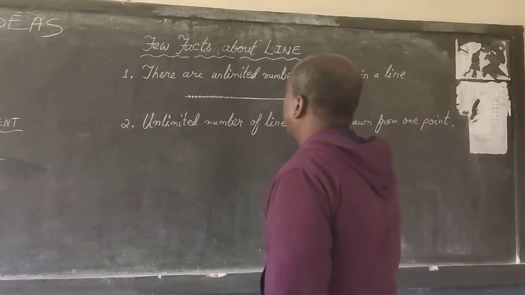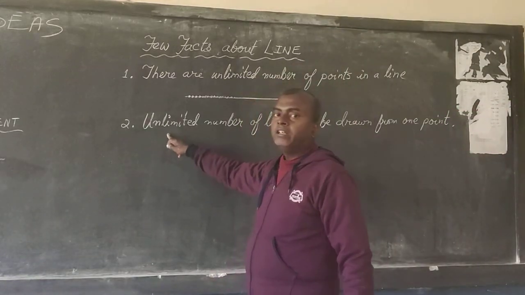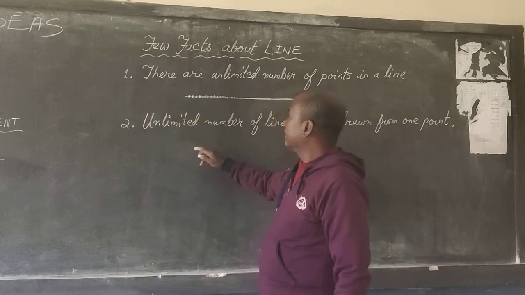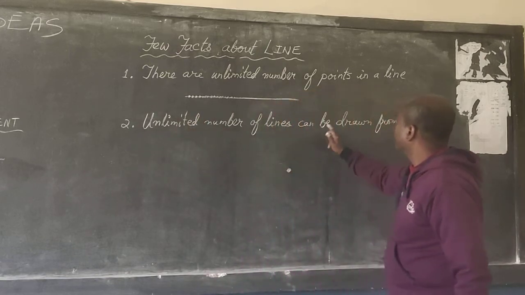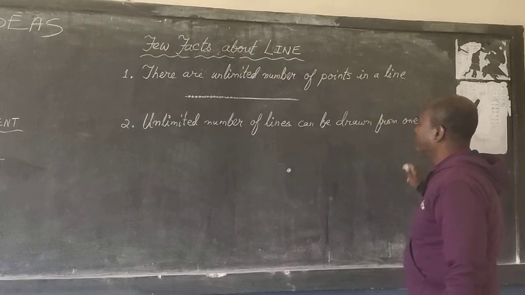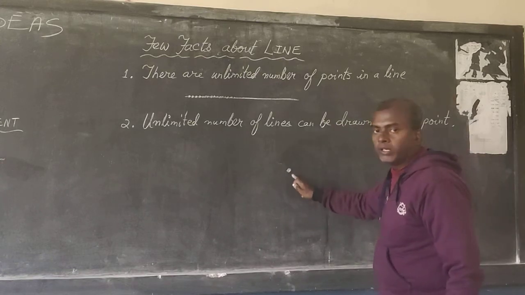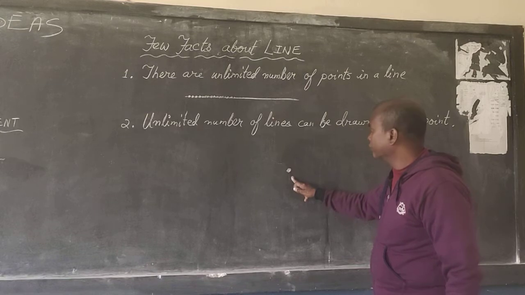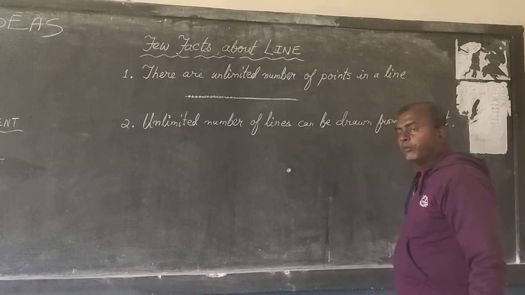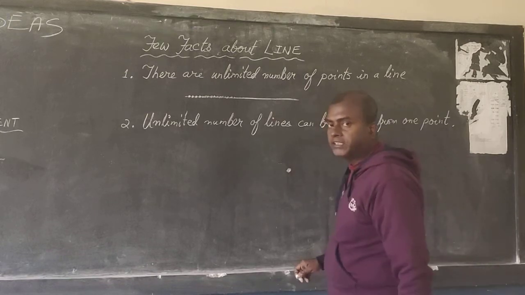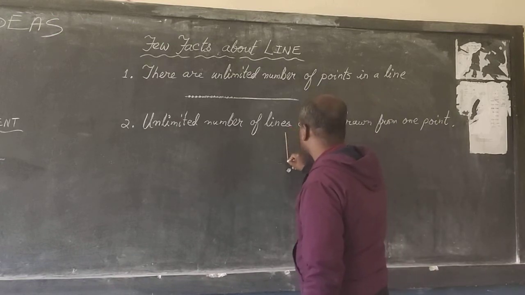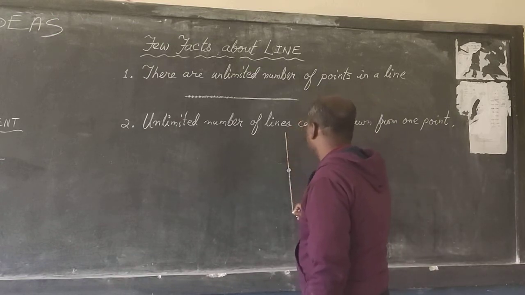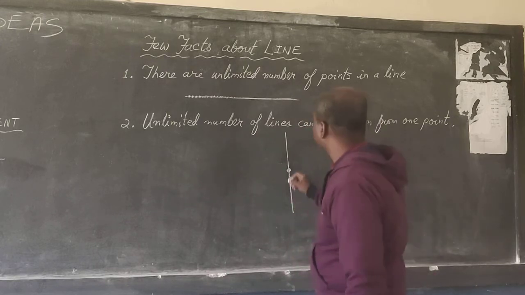The second fact about line is that an unlimited number of lines can be drawn from one point. Many, you cannot count how many. Now I have drawn one point here, big enough for you all to see. Now from this point, let's see how many lines can be drawn. This is one line.